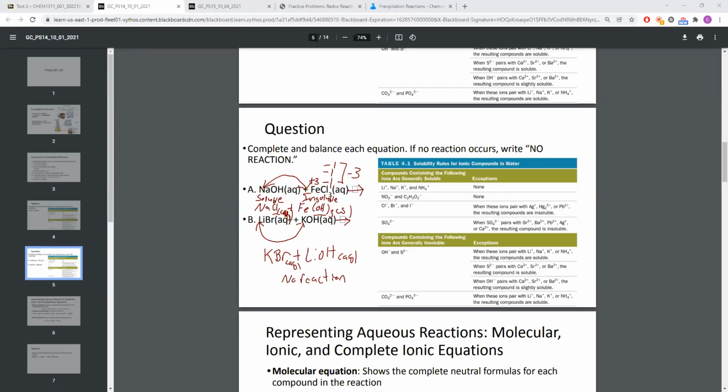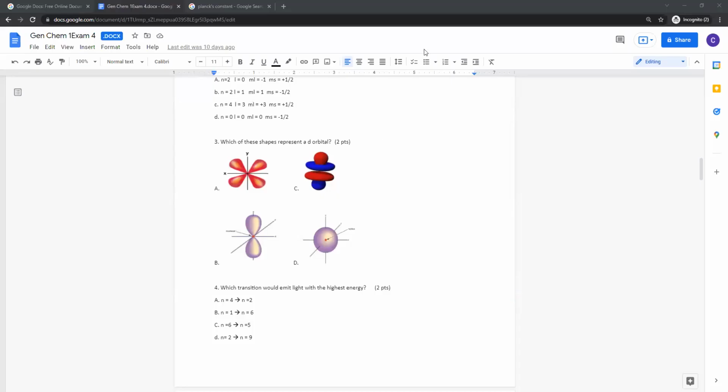Question 4 on exam 4 has to do with energy levels.